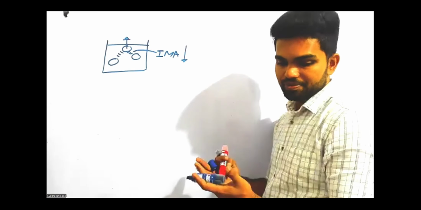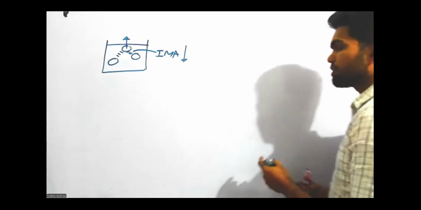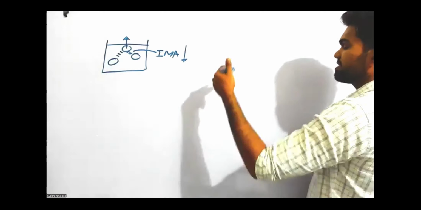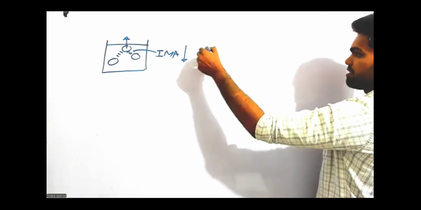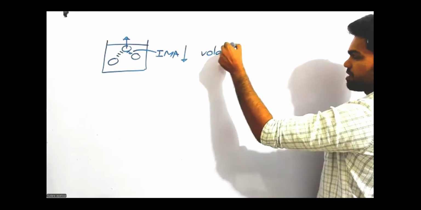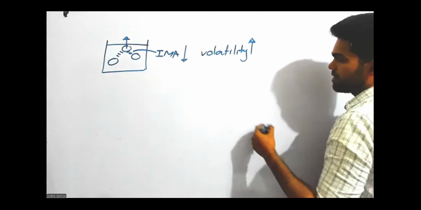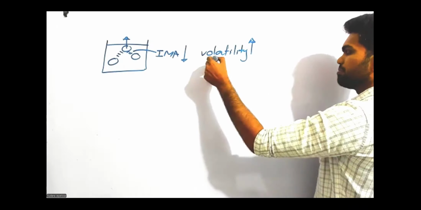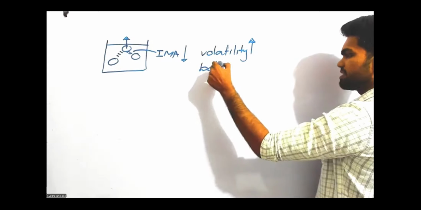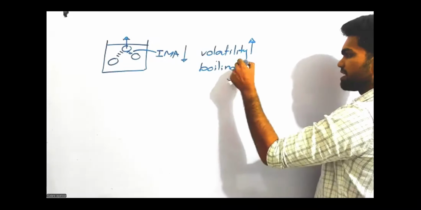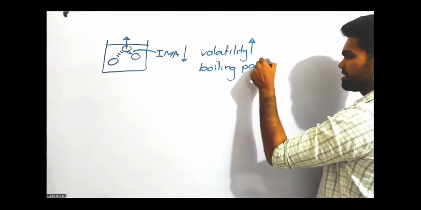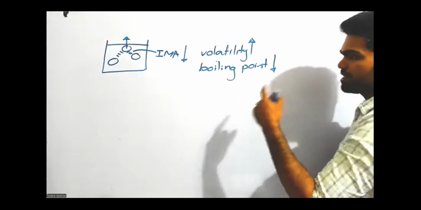That's what happens. Understand? If your intermolecular attractions are weaker, then we say volatility, or the ability to vaporize, increases. In other words, we can say the boiling point decreases. It is becoming easy to boil. That means at a lower temperature, it will boil.